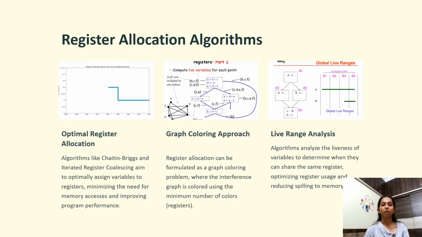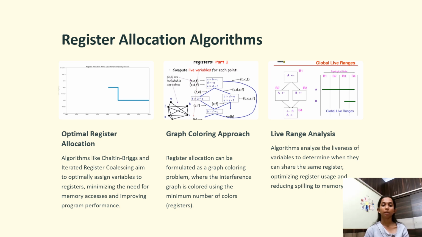Now let's learn about register allocation algorithms. The first algorithm is optimal register allocation. Algorithms like Chaitin-Briggs and iterated register coalescing aim to optimally assign variables to registers, minimizing the need of memory access and improving the program performance. The next algorithm is the graph coloring approach.